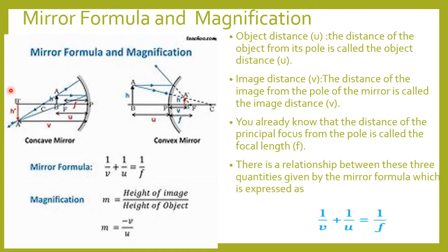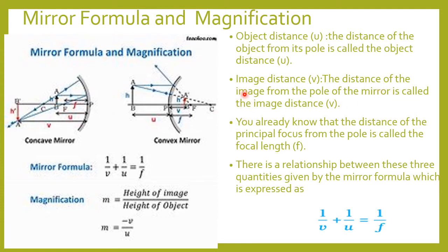Now mirror formula and magnification. Let's see what the mirror formula and magnification are. Object distance, that is u, means wherever the object is, its distance from the origin, that is the pole, is taken to be u. The distance of the object from the pole is called the object distance. You can see here clearly in this figure, PF is taken to be u.